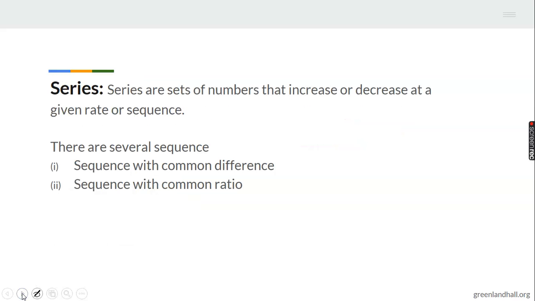Now, what's a series? Remember, our topic is series. Series are sets of numbers that increase or decrease at a given rate or a sequence. For example, we have 1, 2, 3, 4, and 5.